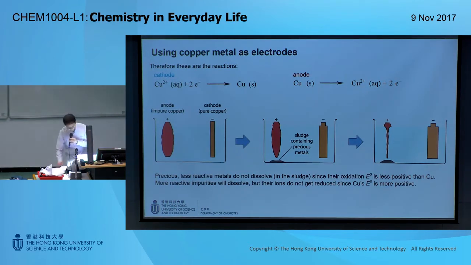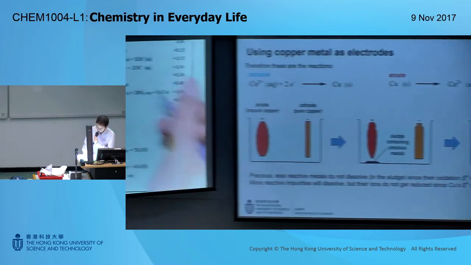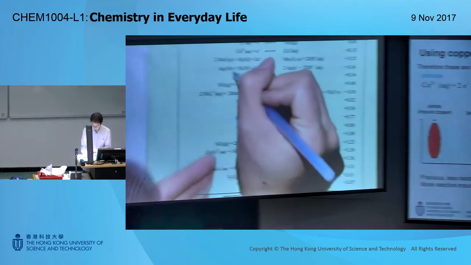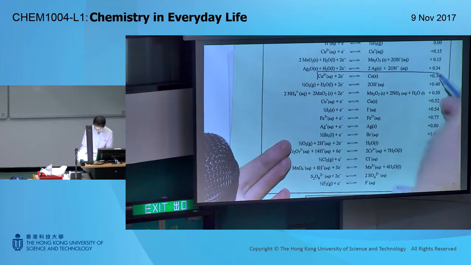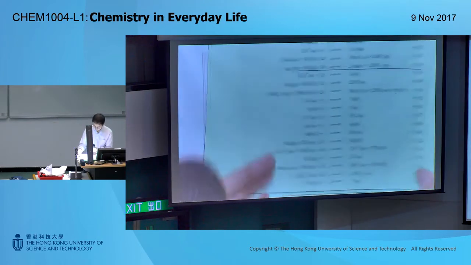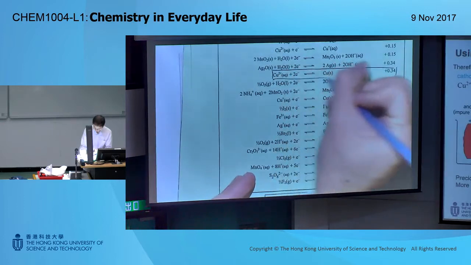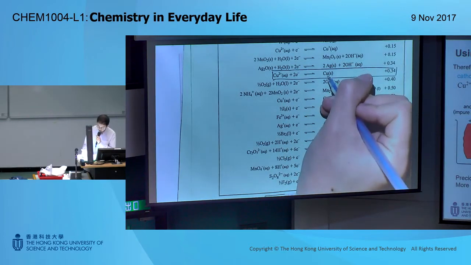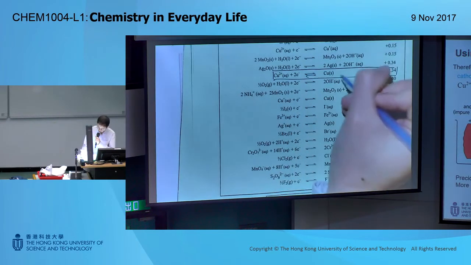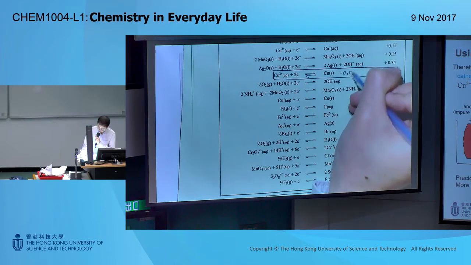Okay, so let's think about this. What we are trying to do is to choose the more positive value, and here is our reference. So copper going to copper 2 plus, this side is minus 0.34 volts in the reversed direction.